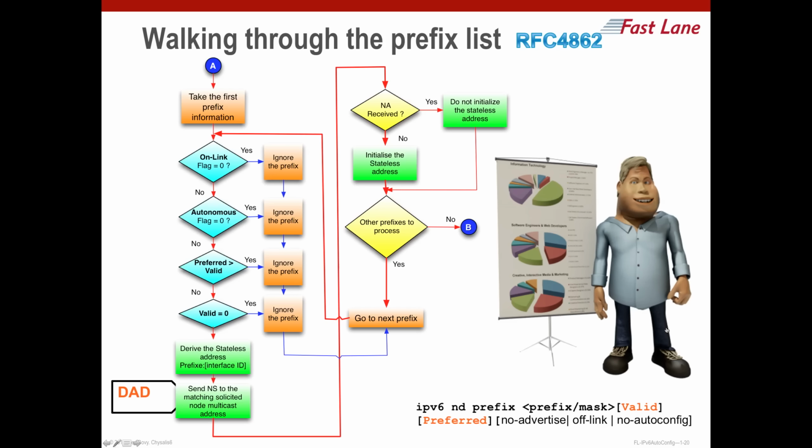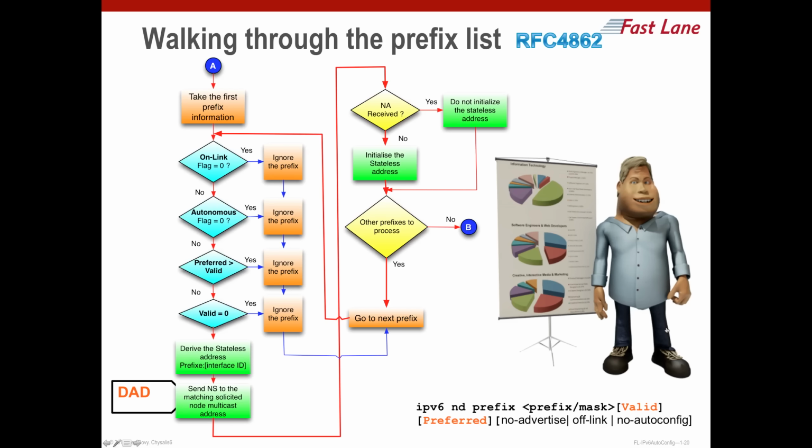And again, we perform duplicate address detection, which is to send neighbor solicitation messages to the solicited node multicast address, which is basically we send a solicitation to our own address, and we don't expect somebody else to reply.